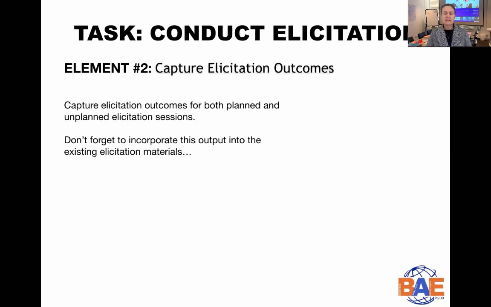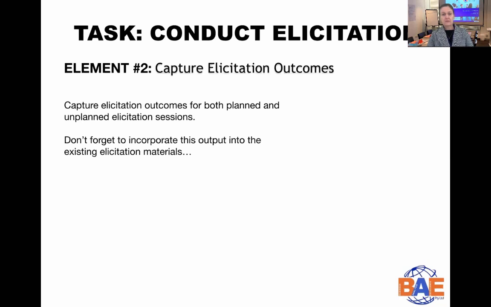And this is actually quite easy to forget sometimes, because you might bump into someone somewhere in a hallway and have a really good session talking to them on an informal and unplanned basis, but they could be giving you really good information. So make sure that you capture that afterwards and potentially follow up with an email and just say, hey, we discussed this. This is what you've said. Is that correct? I'd love to include it in my materials or my elicitation information.